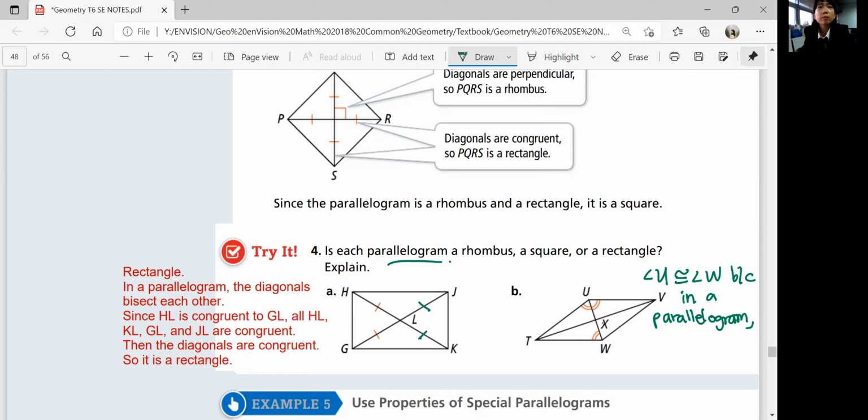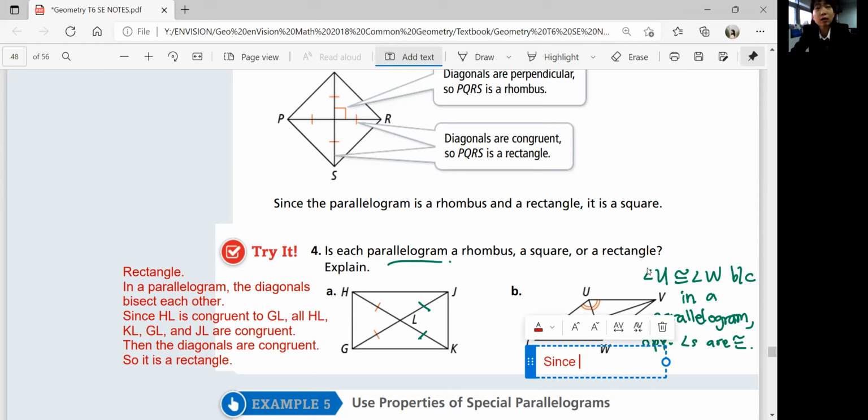Because in a parallelogram, opposite angles are congruent, you can say that since the diagonal bisects opposite angles, it's a rhombus.